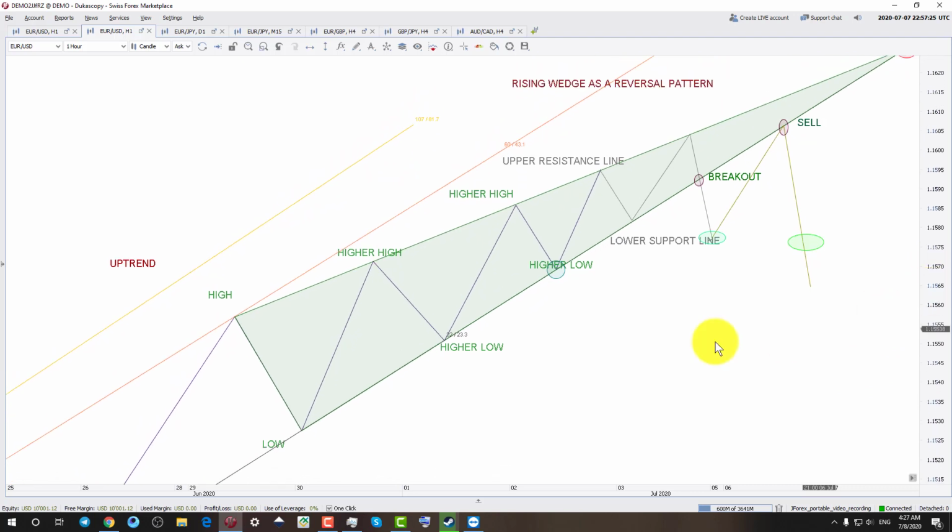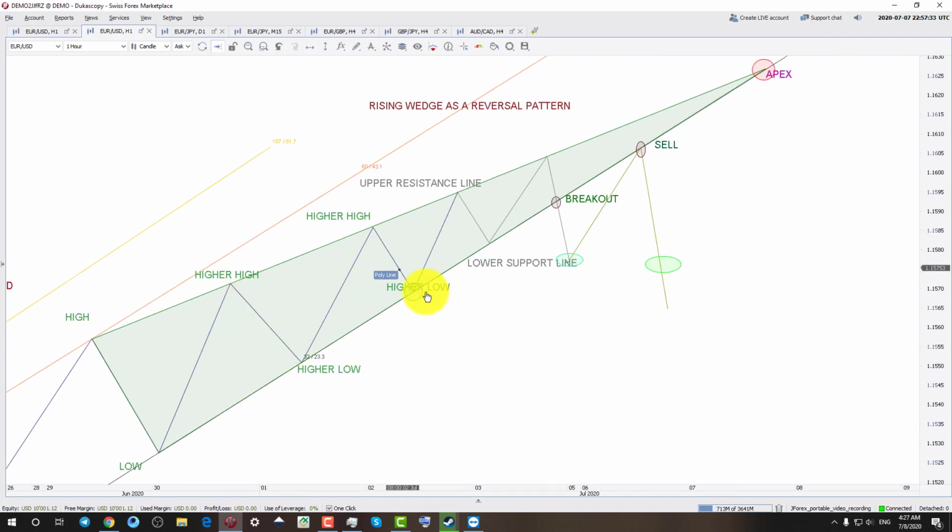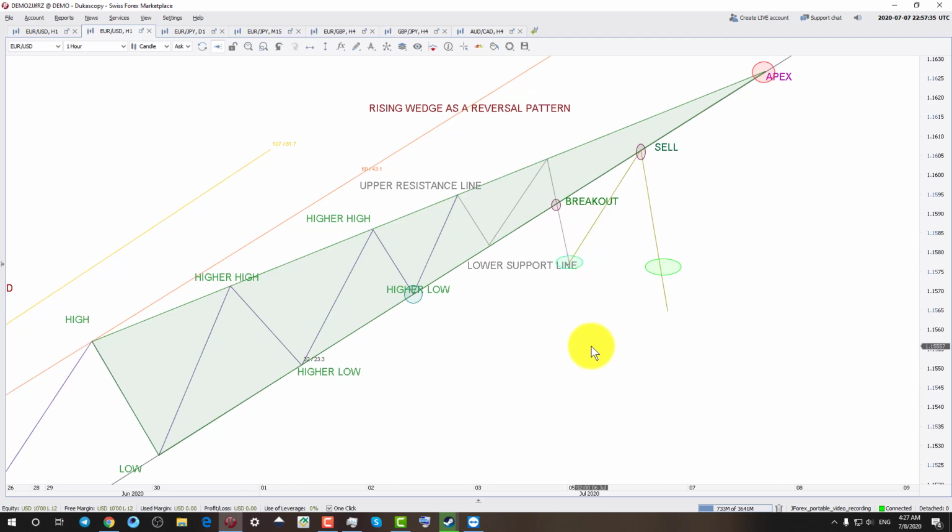Just to do one small recap, we need an uptrend with higher highs and higher lows. But there should be a convergence of the highs to the downside, which shows that the bullish bias is decreasing.